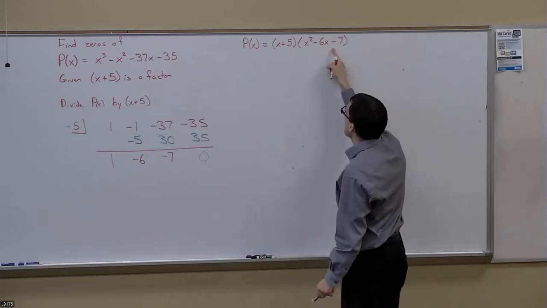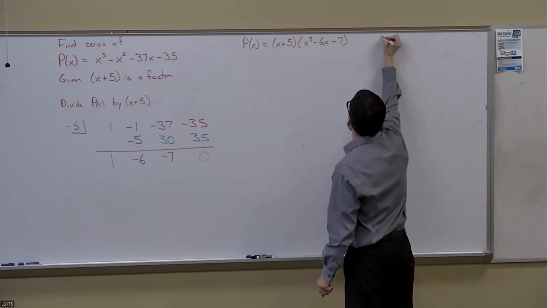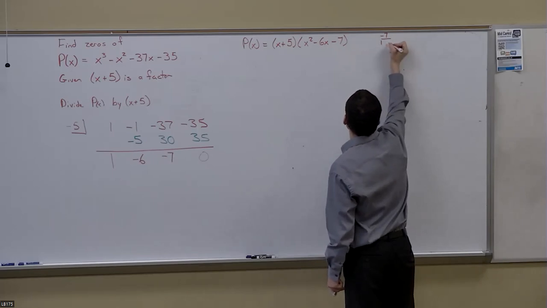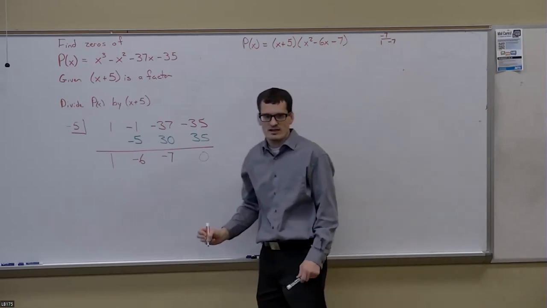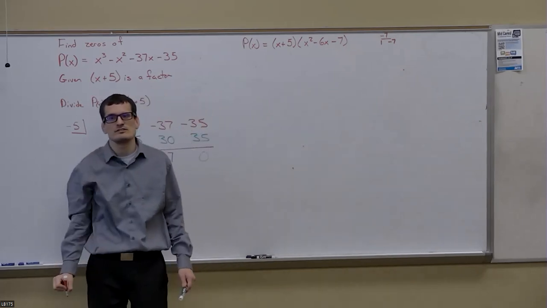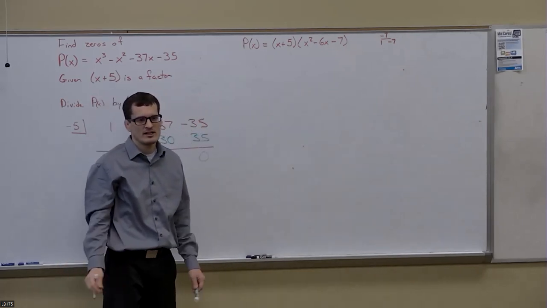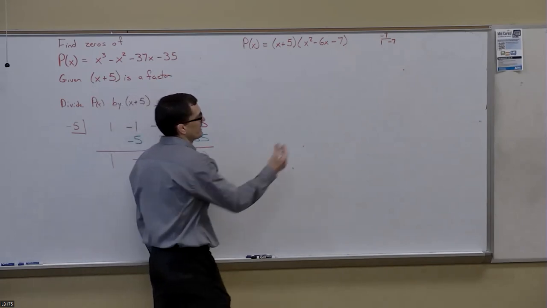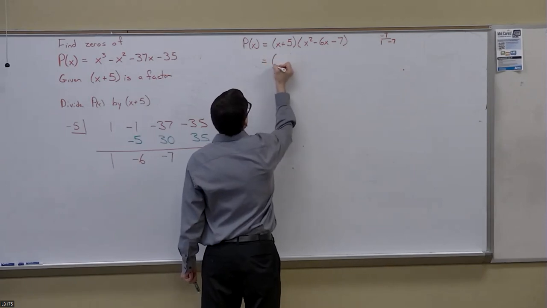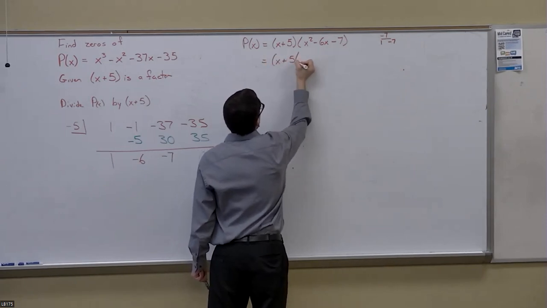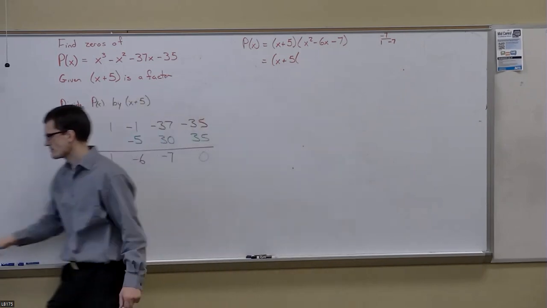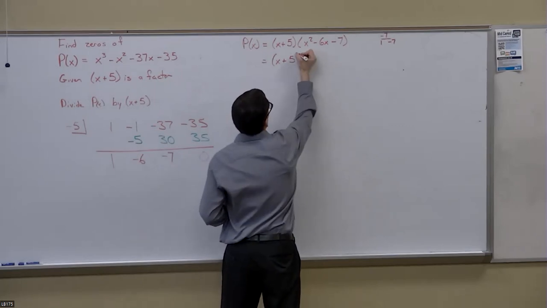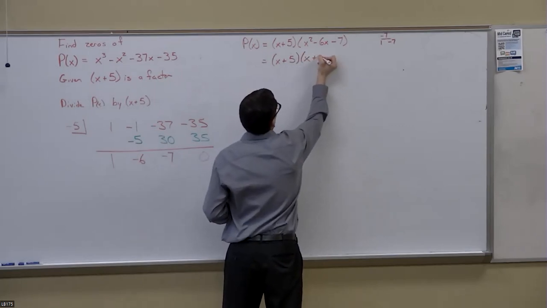So how do I factor the quadratic? Factors of -7 that add to -6. There's only a couple of different factoring combinations of -7, either 1 and -7 or -1 and +7 over the integers. So this one does factor nicely.